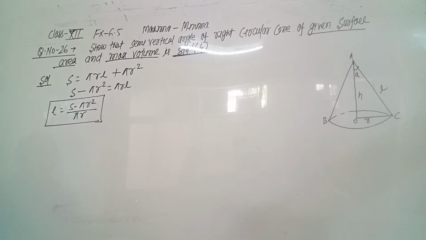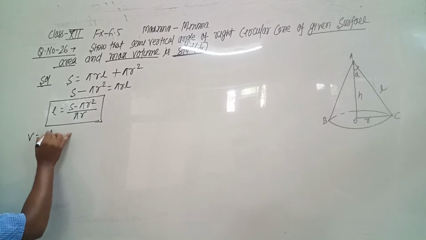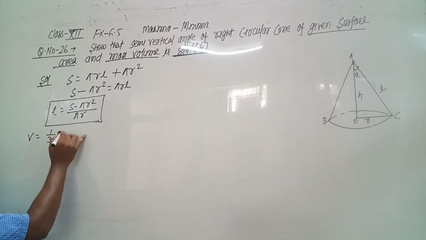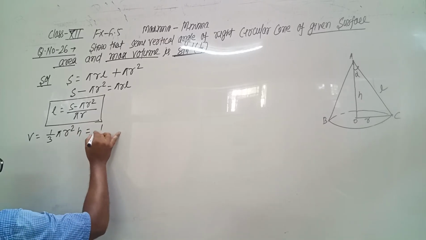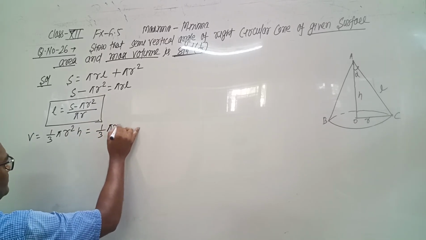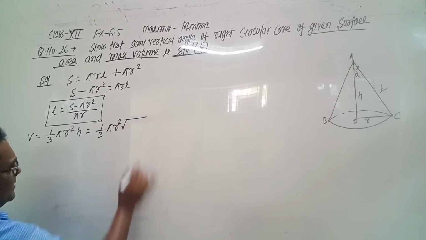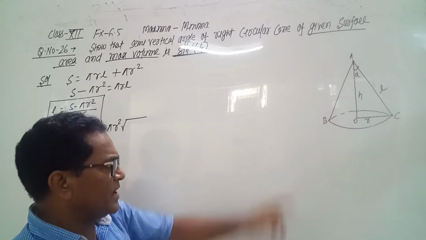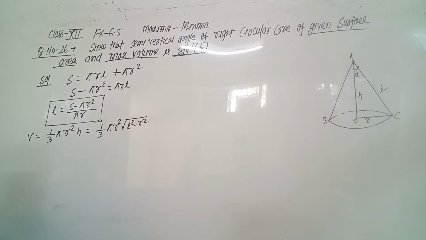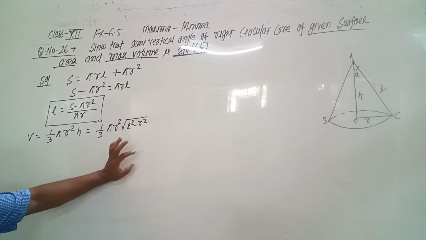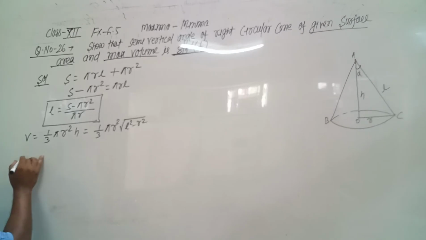Write down the formula for the volume of the cone, 1/3 pi r square h, where h equals the square root of L square minus r square. Now remove the square root by squaring both sides.